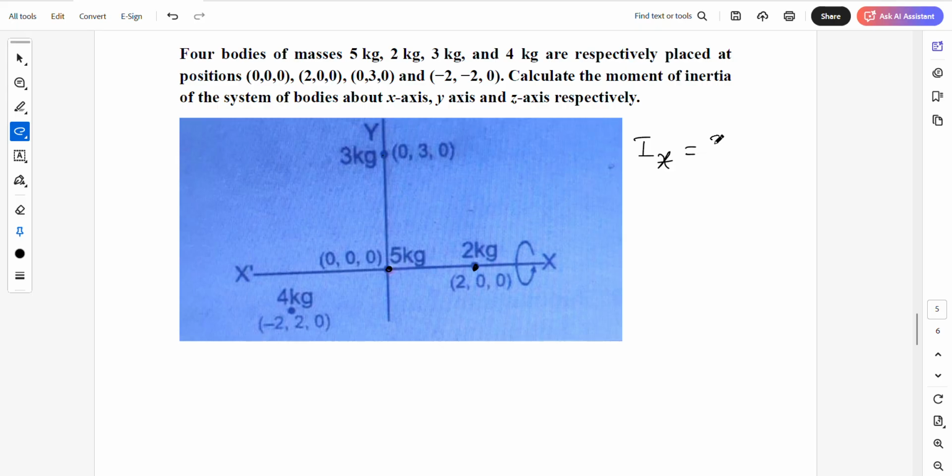This is 3 at a distance of how much? 3 the whole square, right? Plus one more mass is there here, plus 4 into at a distance of how much from the x-axis? 2 the whole square.